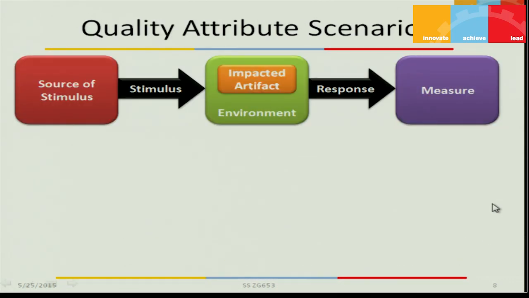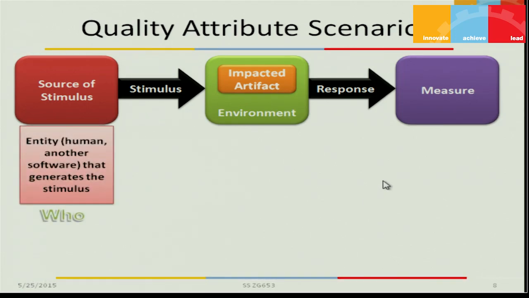So what is a quality attribute scenario? A quality attribute scenario looks like this. It's a pictorial description that I have put, but you can use your own template, or create a template, to capture a quality attribute scenario. This is helpful to capture a requirement for a particular quality.